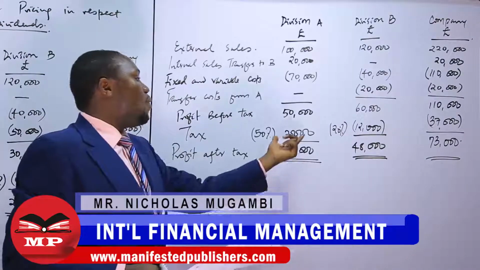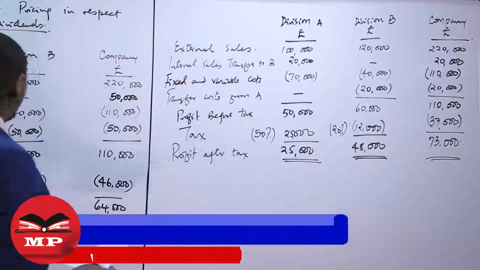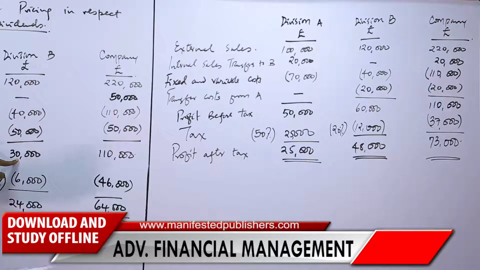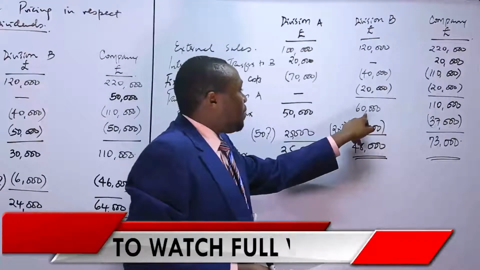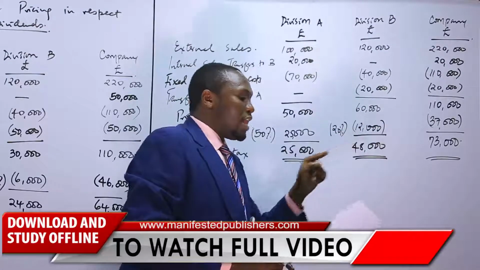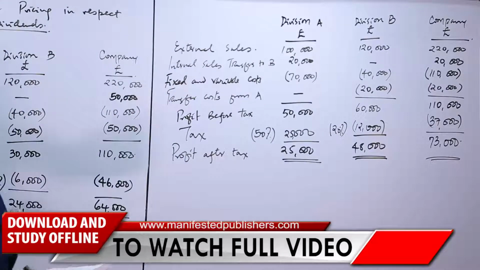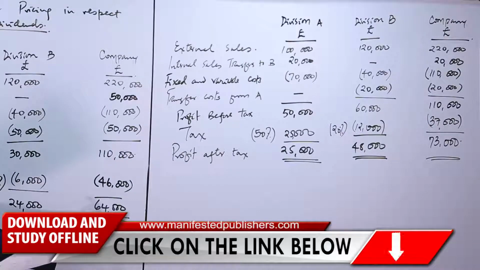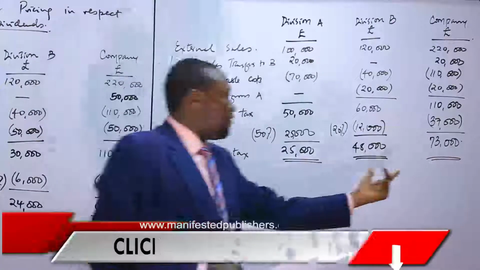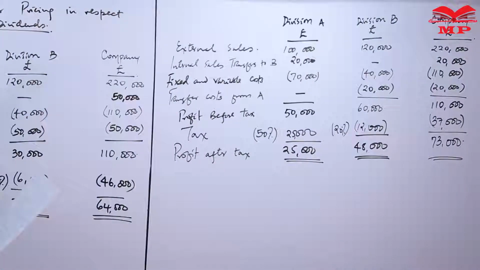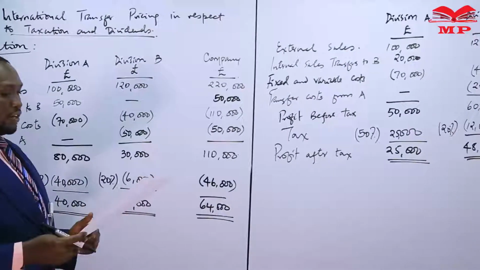Profits have been transferred from £30,000 to £60,000 to the jurisdiction that has a lower tax rate. In essence, as a whole company, the profit after tax has increased from 64,000 to 73,000. That is the effect of transfer pricing in respect to taxation.